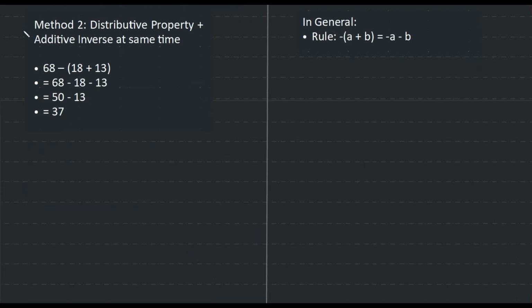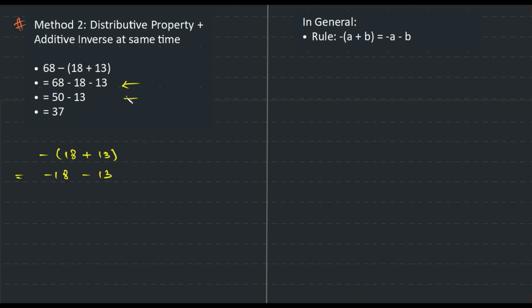Now I can simplify the same question in another way. That is, use the distributive property and then additive inverse at the same time. I'm using the distributive property first. I'm rewriting minus of 18 plus 13 as taking the additive inverse of 18, that is minus 18, taking the additive inverse of plus 13, that is minus 13, and substituting it over here.